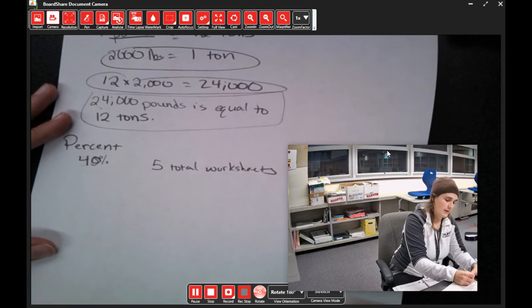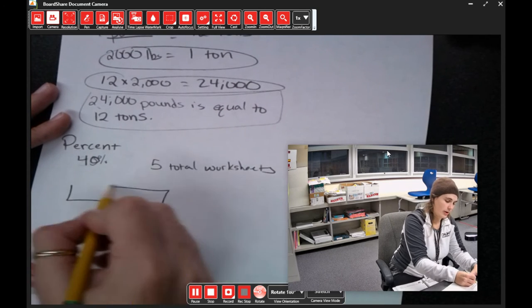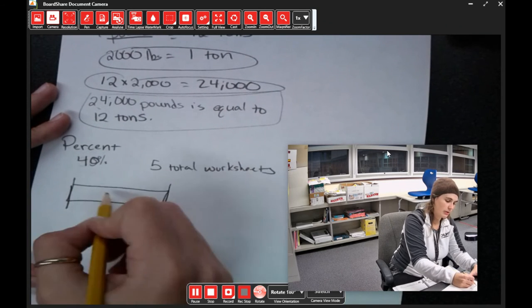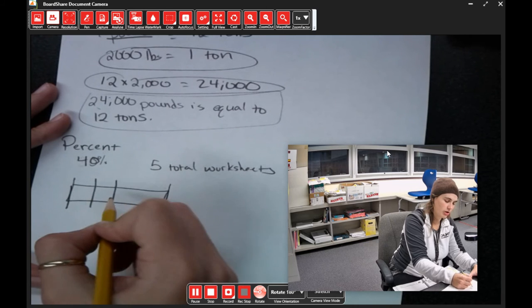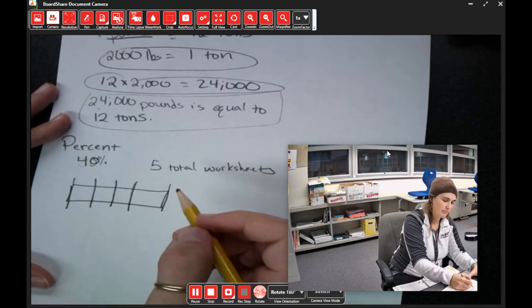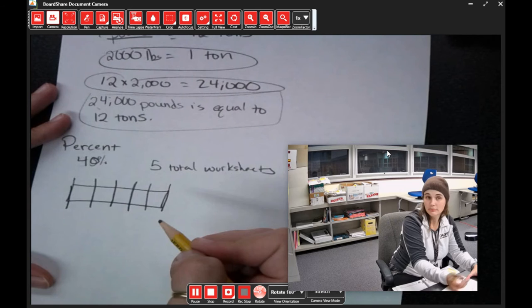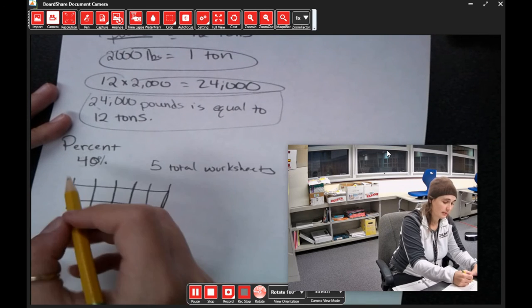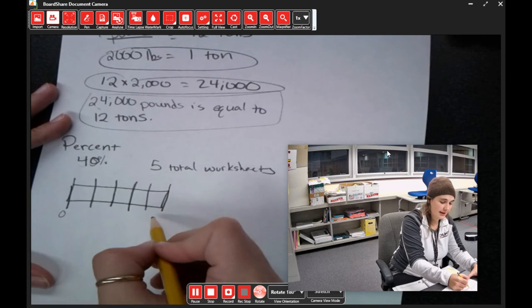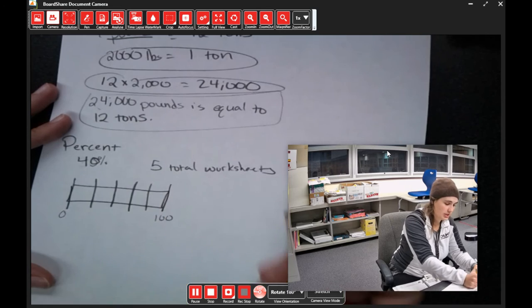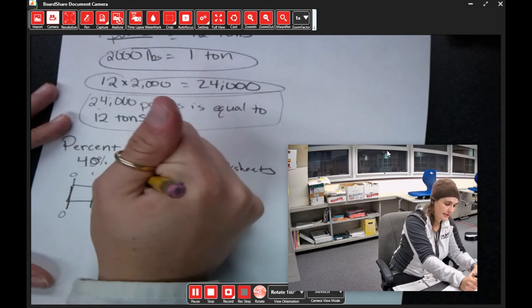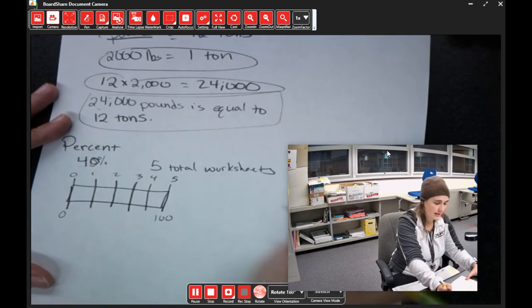Well, we've got our double number line tape diagram thing. Split it into 5 sections because there's 5 total worksheets. 0, 1, 2, 3, 4, 5.